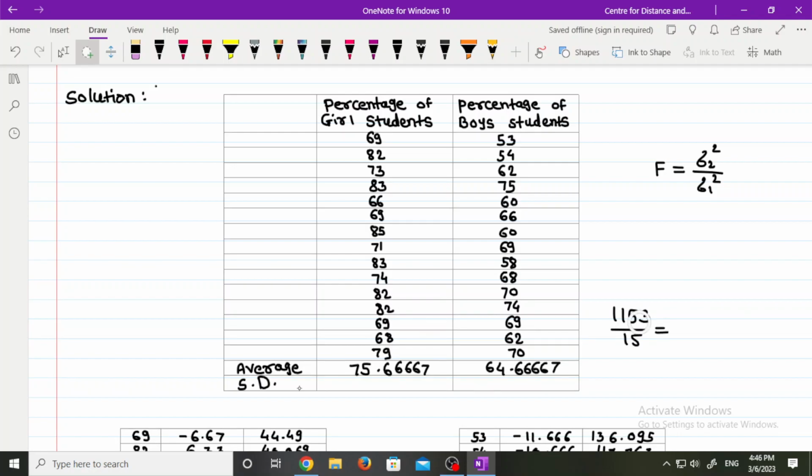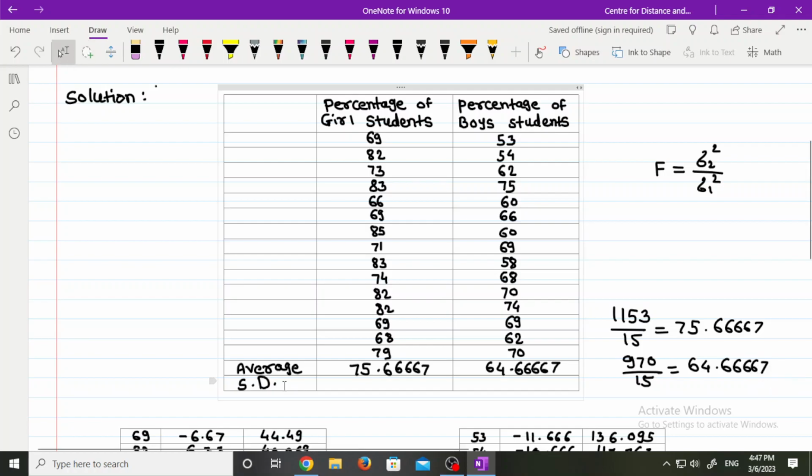When we divide 1153 by 15 we get 75.6667. The sum of the second column is 970, and when we divide 970 by 15 we get 64.6667.